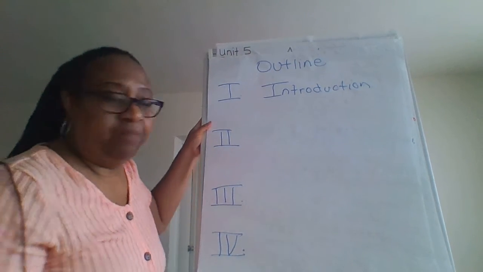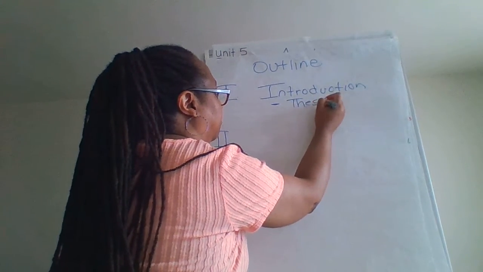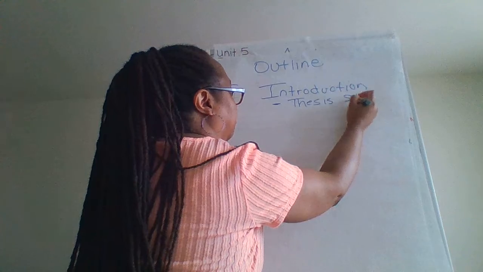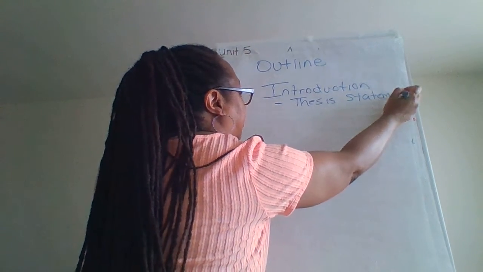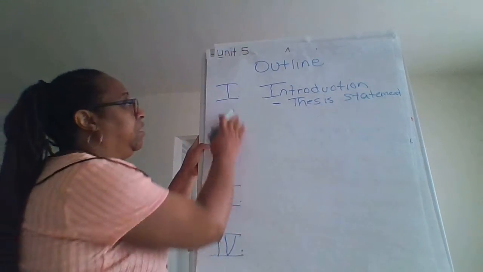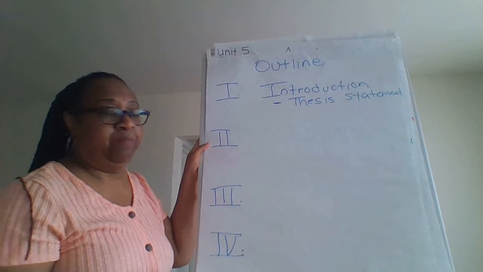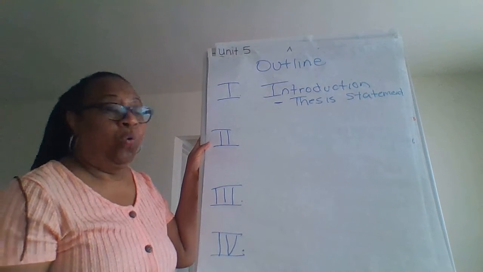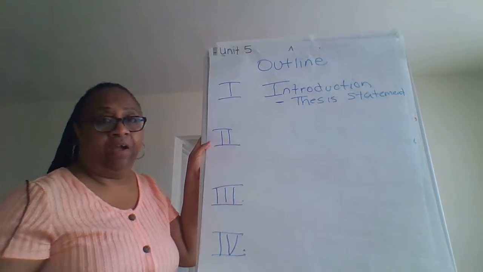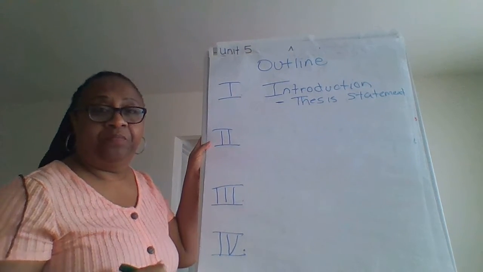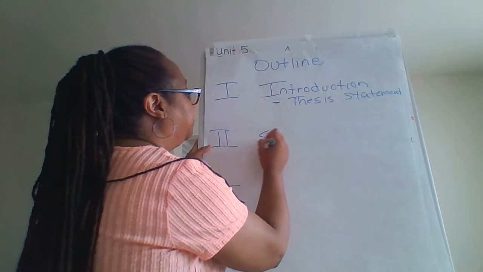Your thesis statement. So we have the introduction with our thesis statement, and then what are we going to put in the second paragraph? Let's call on Amani. That is right, Amani. Supporting details.